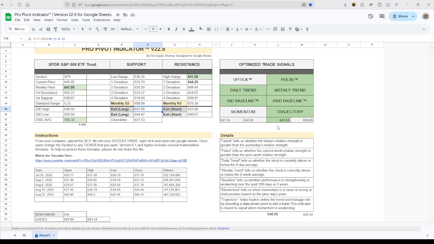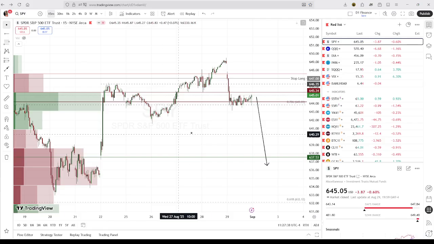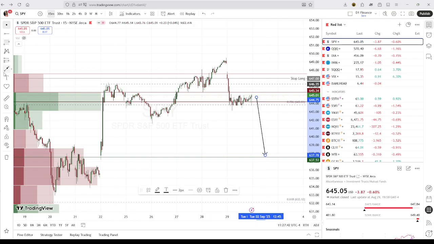And it makes it even better if we get below this level here. But I certainly would start looking for short opportunities here. So if I get momentum below this level, I'm going for it. If I come down, hit this level and bounce, and I get some momentum from there.